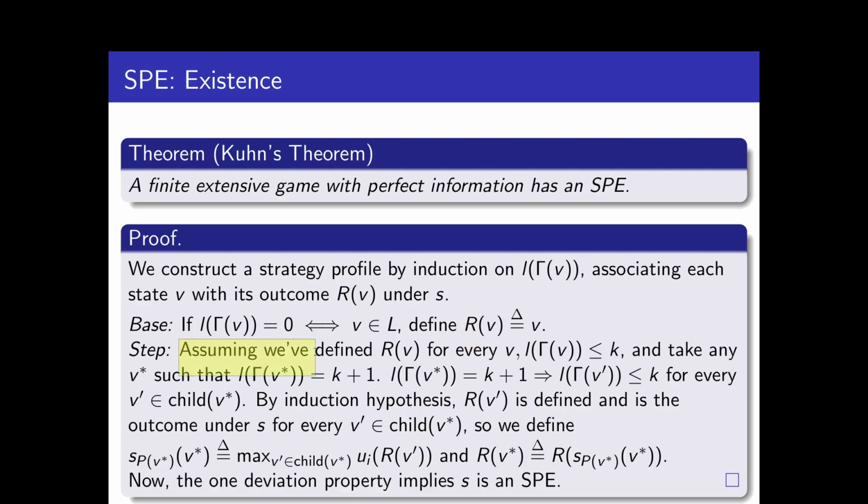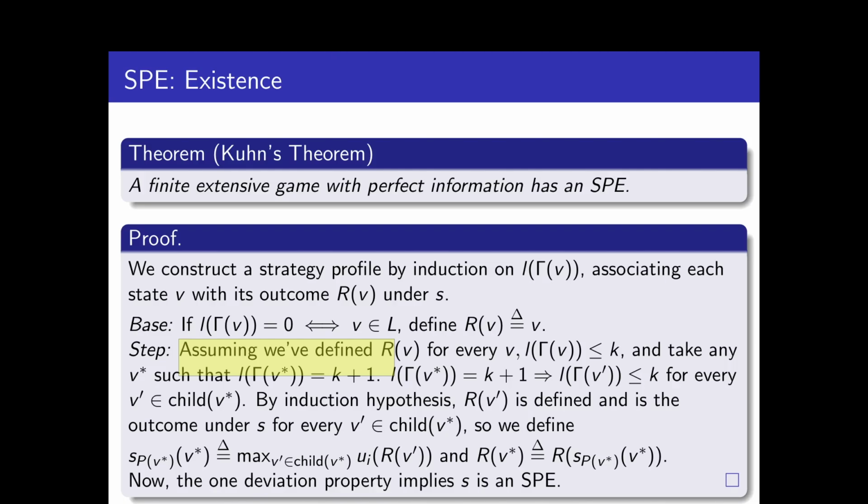Now, the step assumes that we have already defined R and S for each V. Actually, I should say R and S. Now the S is the strategy, and it tells what the player who acts does.